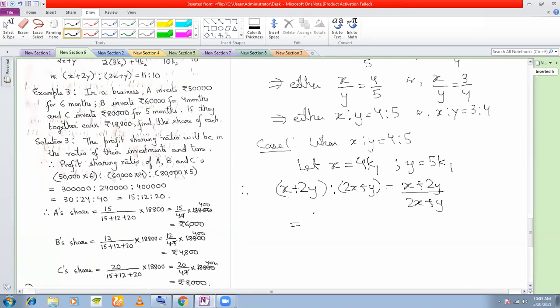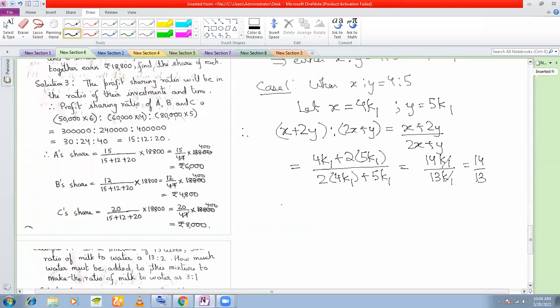Now x above here is 4k1, y here is 5k1. Put the value of x and y in the denominator also. So here you get 14k1 by 13k1. k1 cancels, we get 14 by 13.